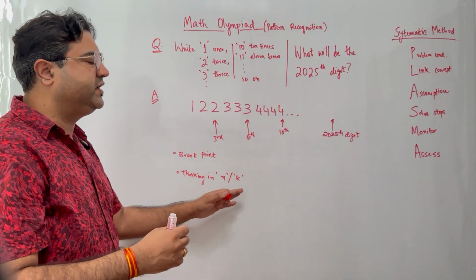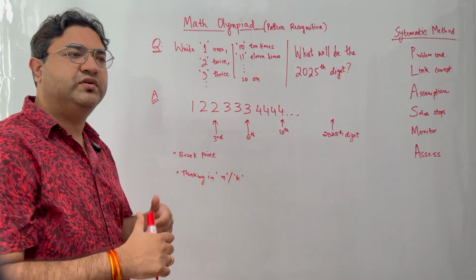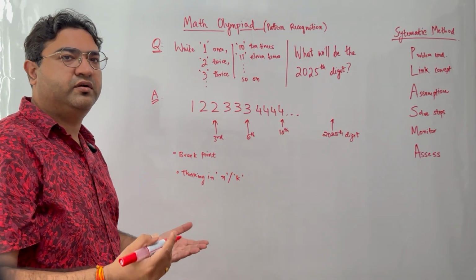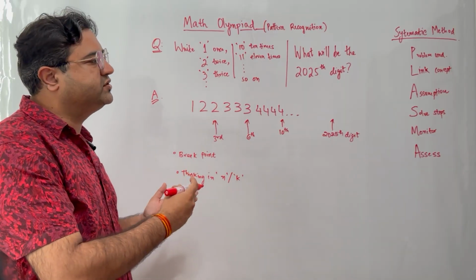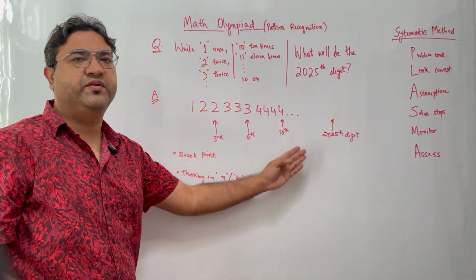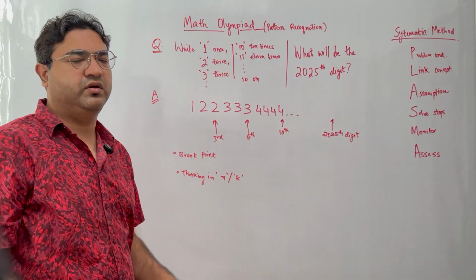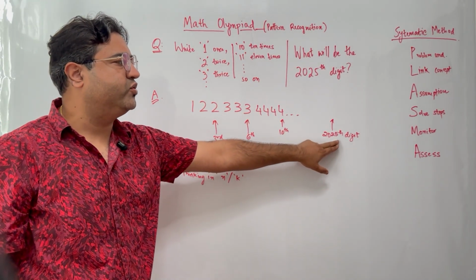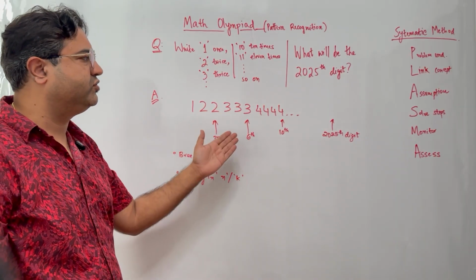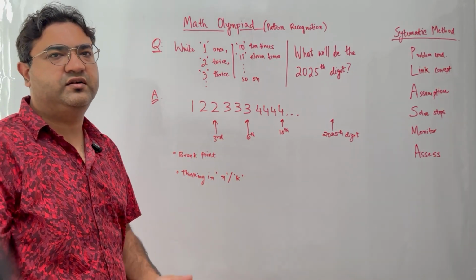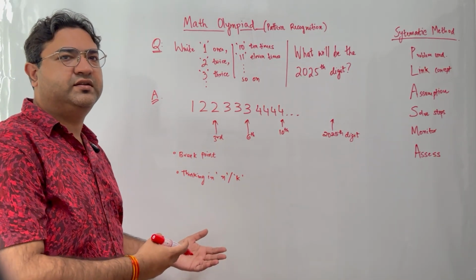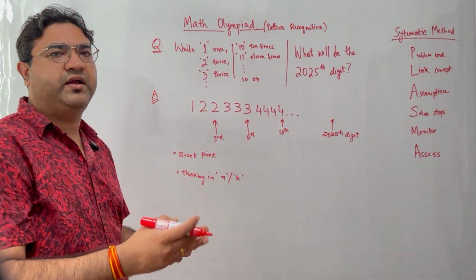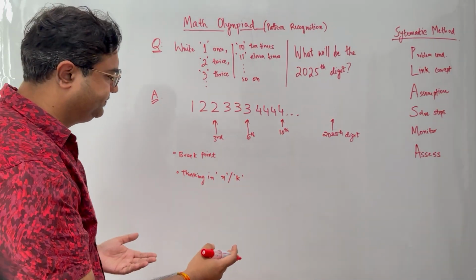Once you develop a formula with n and k, you can solve not only the 25th digit, but even longer. You can solve the 25th as easily as, let's say, the 100th digit or the 10th digit. So it is going to apply to all of it.